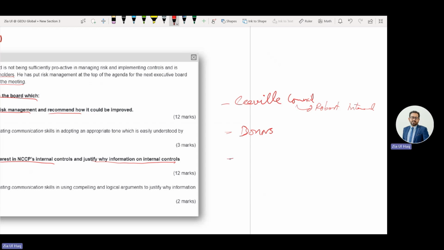Who else will be external? Local community. So the wider community, participants.